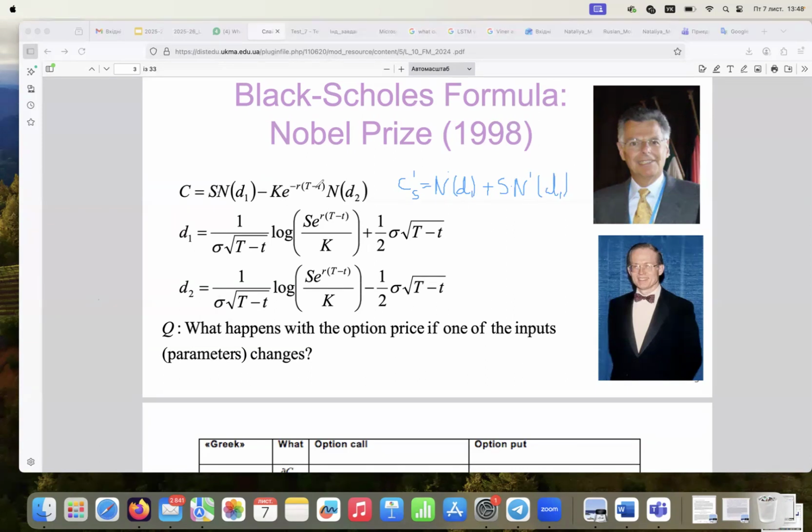And after that, what about the second term? We should only differentiate d2 there, and that's all. So it is like a constant.